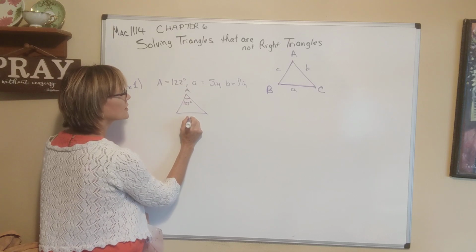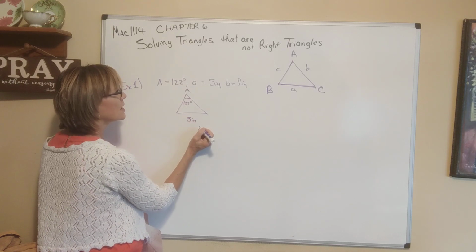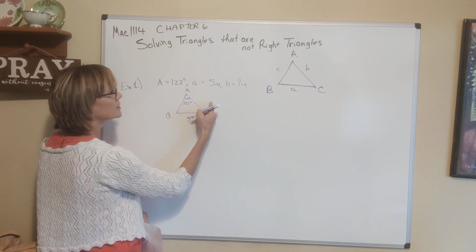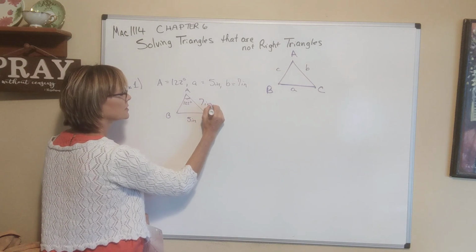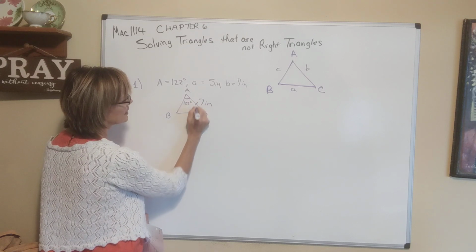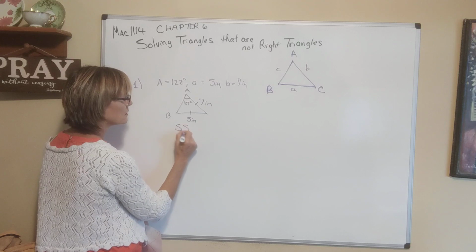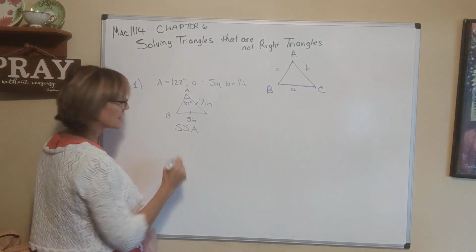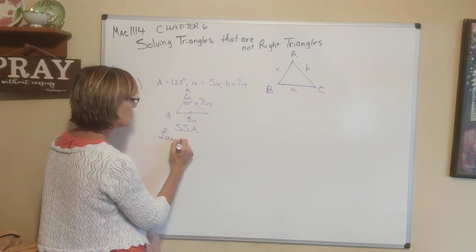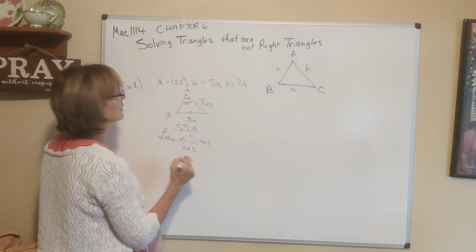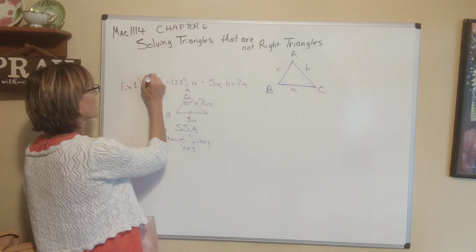Little a, which is across from here, is 5 inches, and this is B, and so little b is across from there, and it's 7 inches. So what I have here is a side, side, angle. This is the ambiguous case. We can use law of sines. Yes, we can use it here.